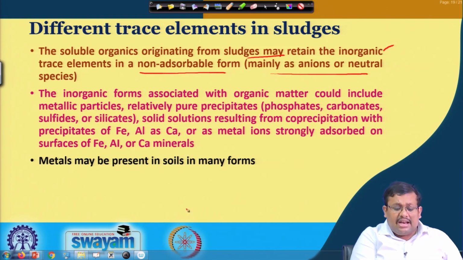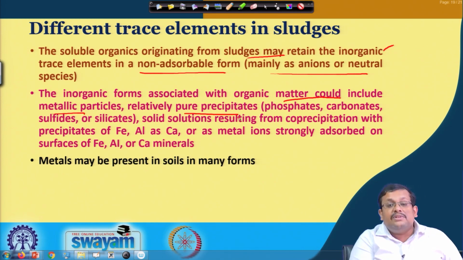Now, the inorganic forms associated with organic matter could include different forms. It could be metallic particles, relatively pure precipitates. What are those? Phosphates, carbonates, sulfides or silicates. So, you can see these relatively pure precipitates are associated with the organic matter in the sludge.